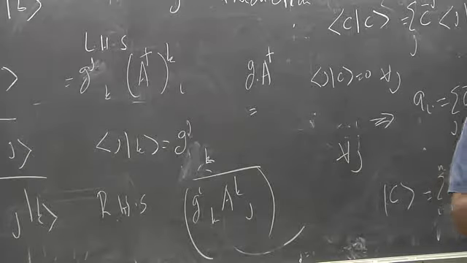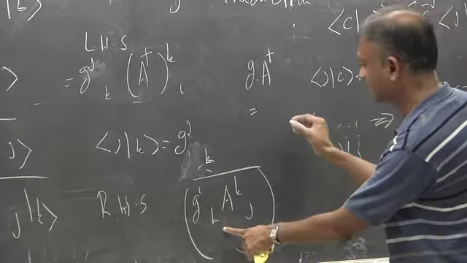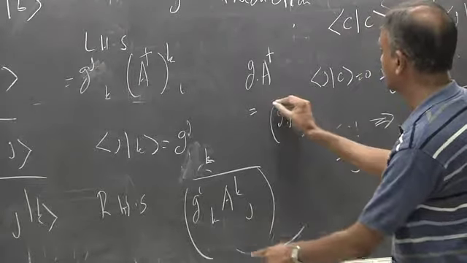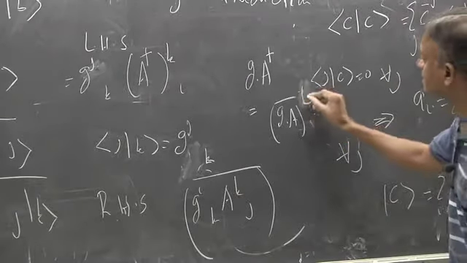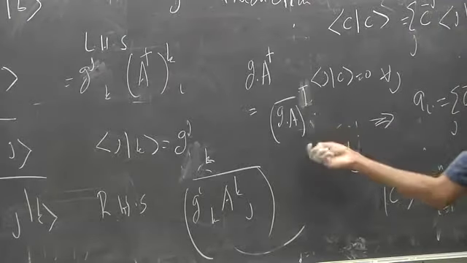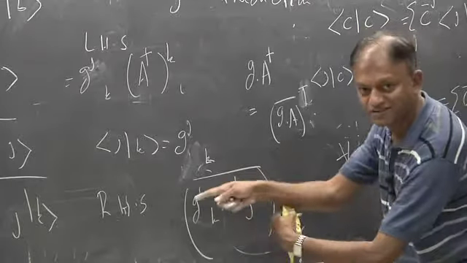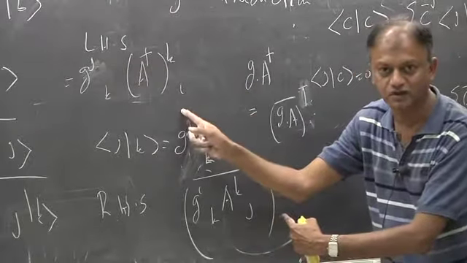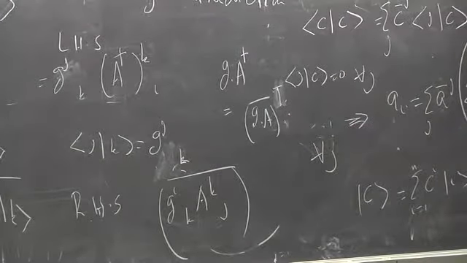Transpose is by definition when you exchange row and column. So as a matrix equation, this is the same as G A complex conjugate and transpose. So I take this matrix, take the complex conjugate, and then I have to exchange row and column, because here J refers to the row and K refers to the column. So this is the equation we get.